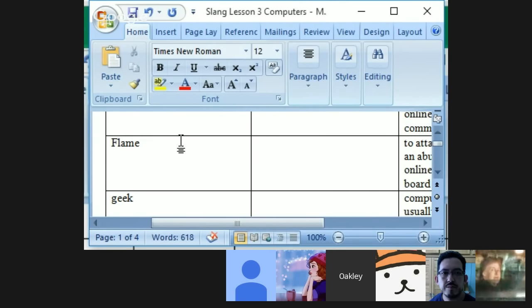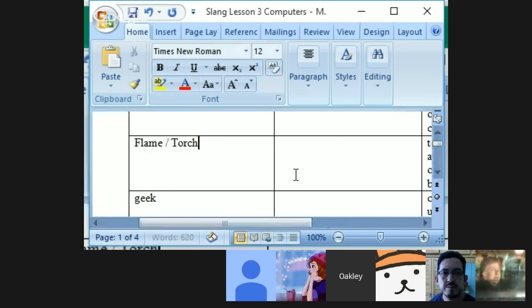We also say, you could also very similarly, similar word even, use the word torch. Oh, he torched him. Maybe you write on an article, a news article, forum board. You might torch the author or flame the author. Say very negative things about him. Okay.